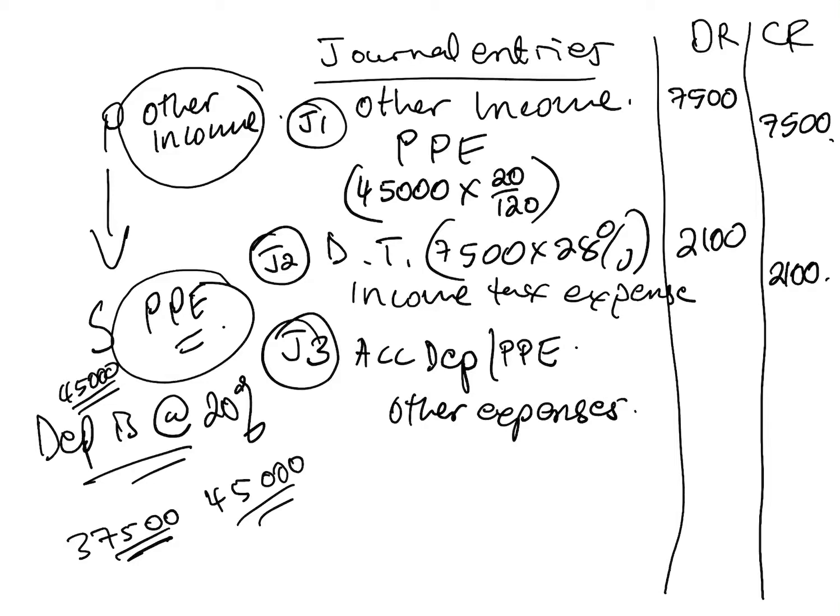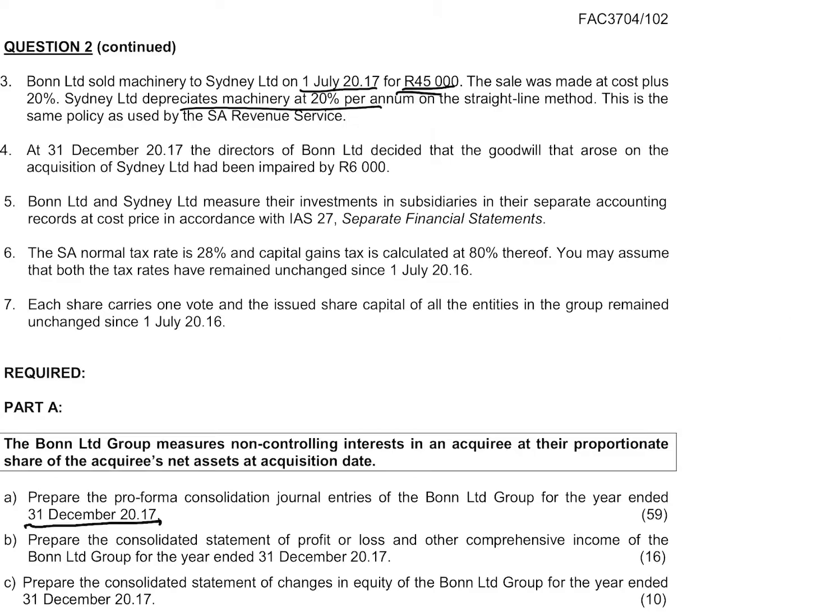So journal 1 is done. Accumulated depreciation of PPE, so we're going to use 7,500 multiplied by 20% multiplied by the period since it was sold. It was sold on the 1st of July 2017. So it will be July, August, September, October, November, December, which gives us 6 months.